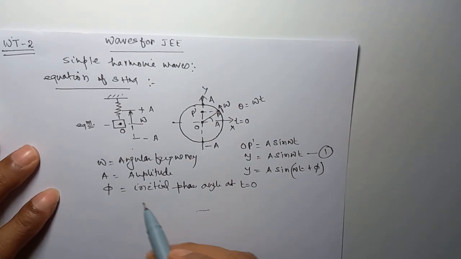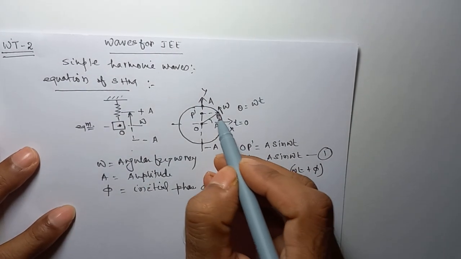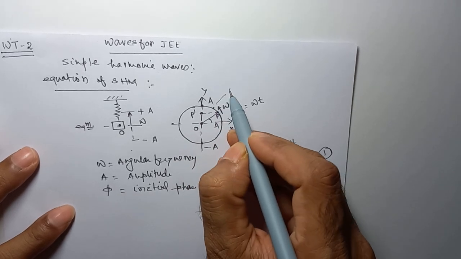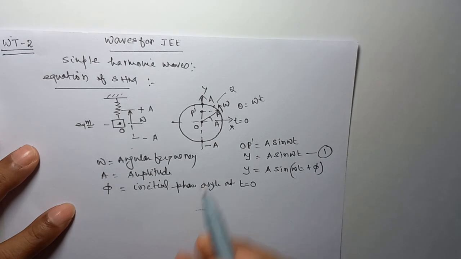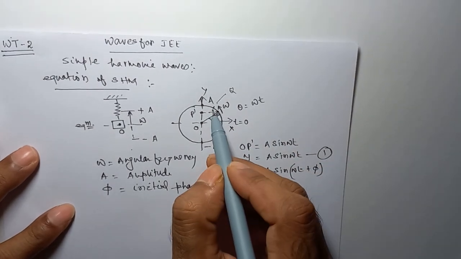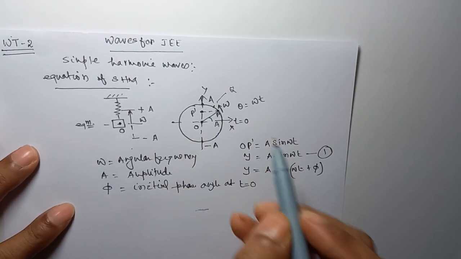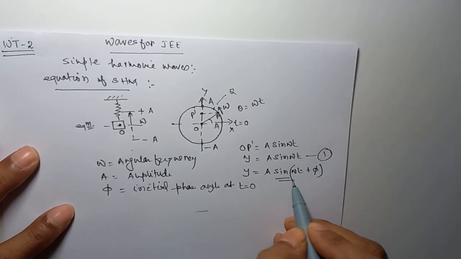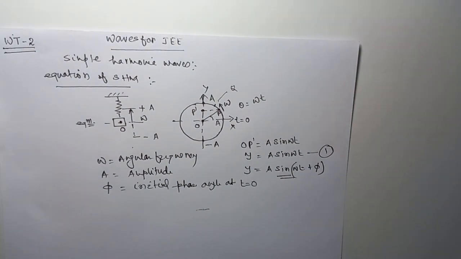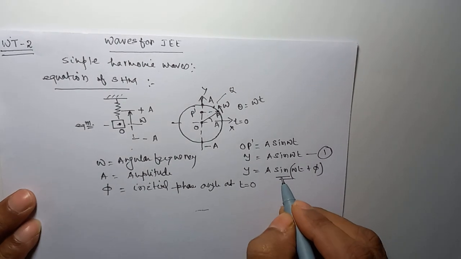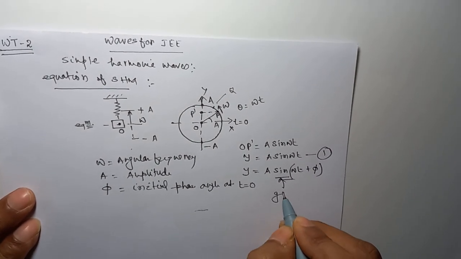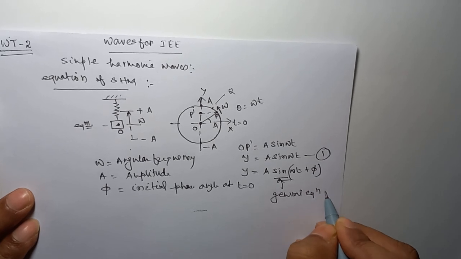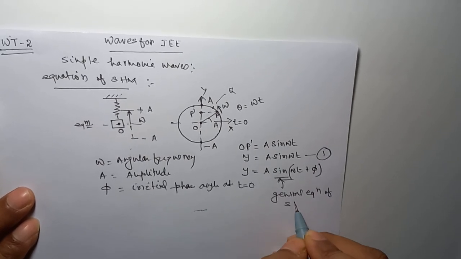Meaning if this particle starts oscillation from any other point, say this point is Q, so at t equal to 0 the particle is at Q. Then the initial phase is phi. Then we get the equation y is equal to A sine omega t plus phi. So this equation is the general equation of simple harmonic motion.